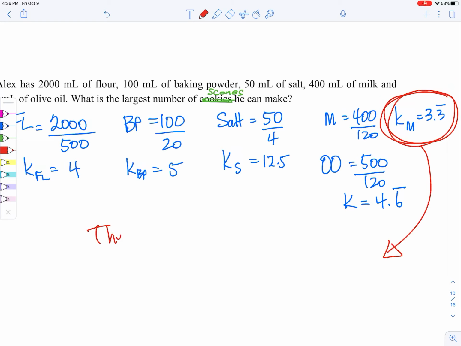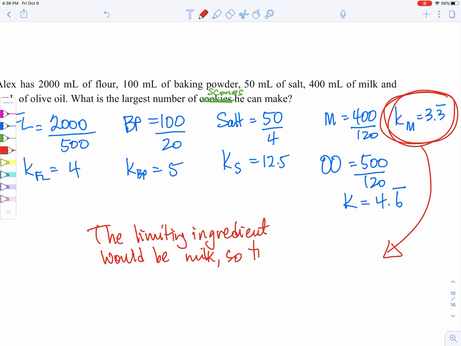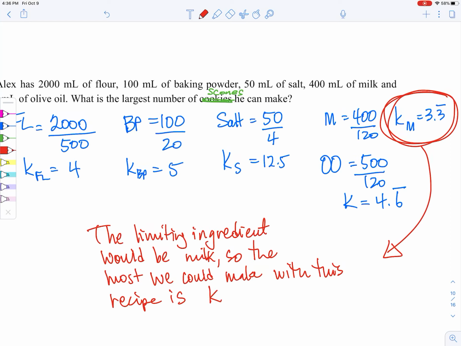So I'm going to just write out the limiting ingredient would be milk. So the most we could make using this recipe is going to be with a scaling factor of 3.3.